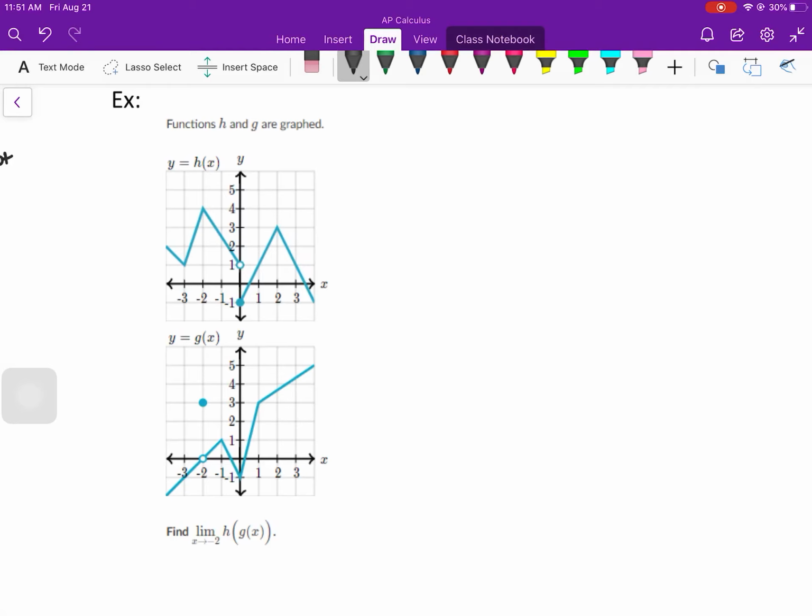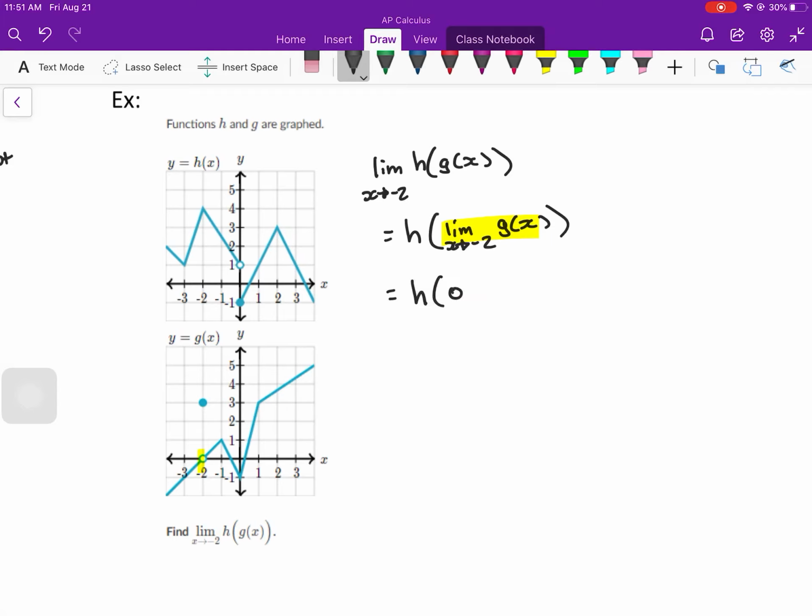And then the last one, let's take a look at this one. The limit as x approaches -2 of h of g of x. It's equivalent to h of the limit as x approaches -2 of g of x. So we're going to find the limit of g of x. Down here, as we approach -2, that limit is 0.